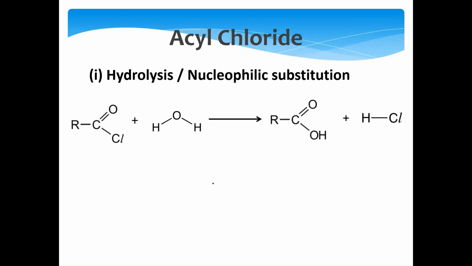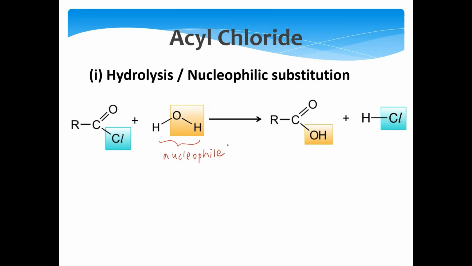As mentioned earlier, acyl chloride undergoes hydrolysis in water. This reaction we call hydrolysis or nucleophilic substitution. What happens is that the OH will replace the Cl, and water here is acting as the nucleophile.